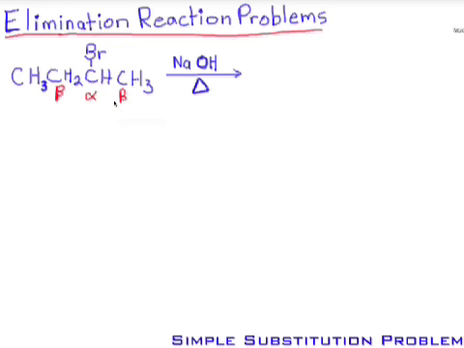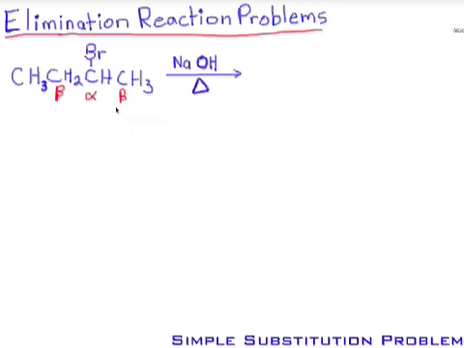Now, the beta carbons hold what are called the beta hydrogens. In order to build a double bond, the bromine must leave, and a group must leave from the other atom to which the double bond is forming. In other words, we must lose an H and a Br. That's why elimination of alkyl halides is often called dehydrohalogenation.